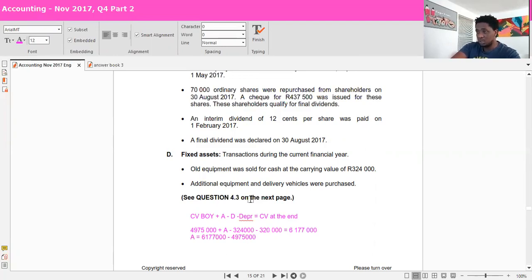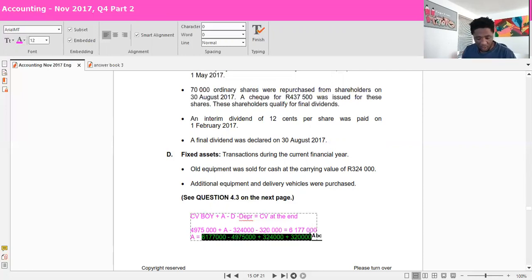Then you take the 324,000 to the other side, and it becomes positive, so plus 324,000. You also take depreciation to the other side, which is 320,000, and it becomes positive, plus 320,000. That's basically how you calculate your additions.